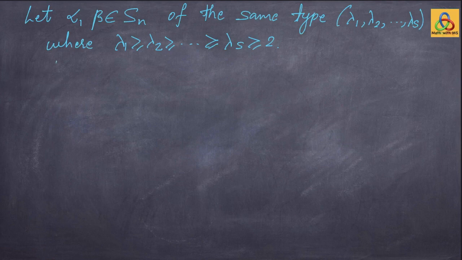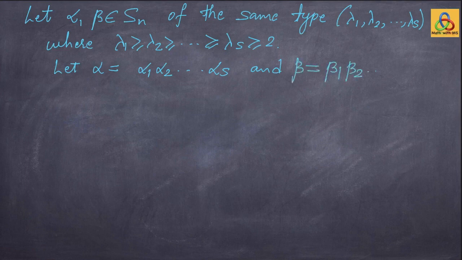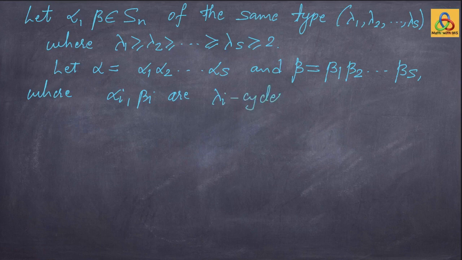So let us write alpha as alpha 1, alpha 2, and so on alpha s, and beta as beta 1, beta 2, and so on beta s, where alpha i and beta i are lambda i cycles for each i from 1 to s. Let us write the cycles alpha i and beta i explicitly.